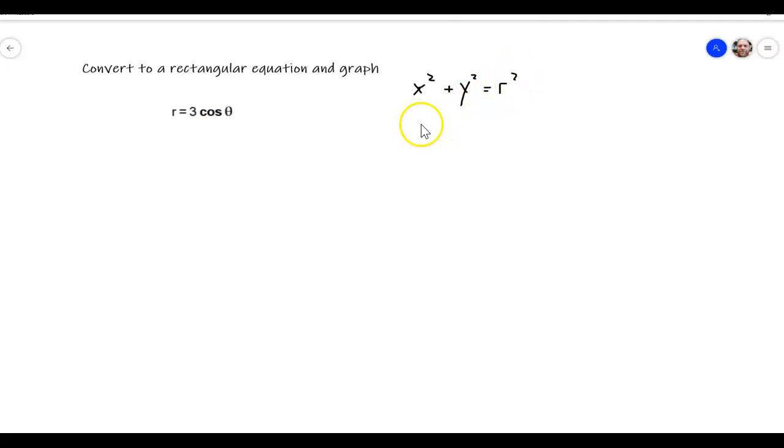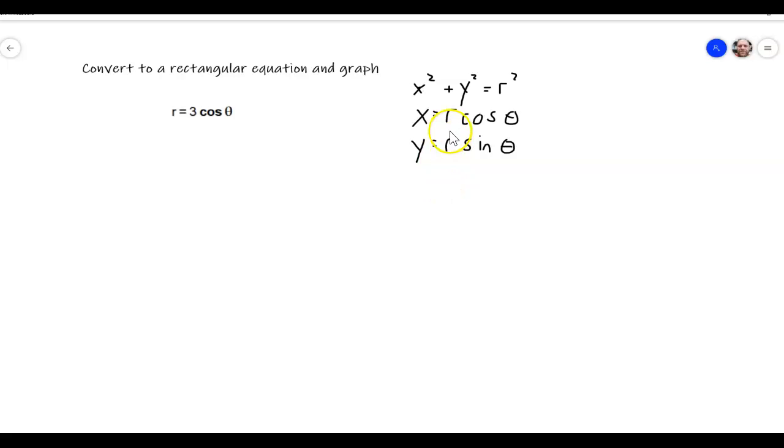We also know that x is equal to r times the cosine of theta, and y is equal to r times the sine of theta. So we're going to use these three equations in order to convert us from the polar side into the rectangular side.